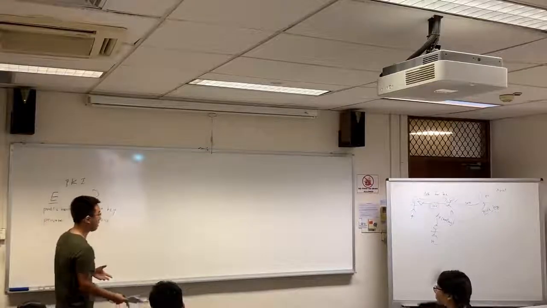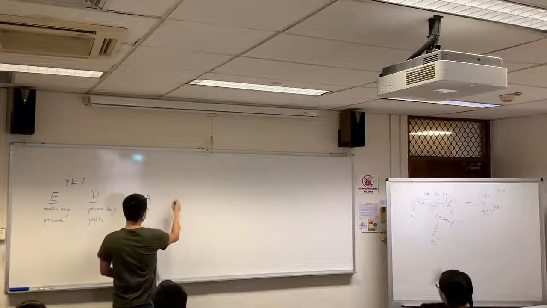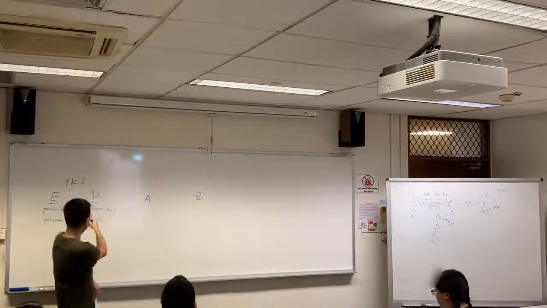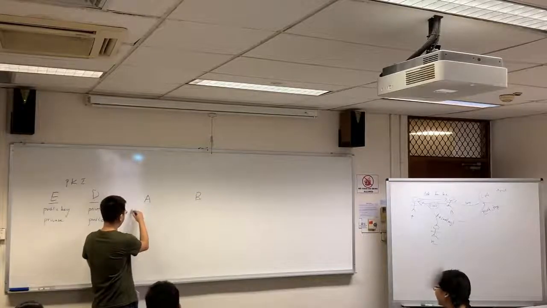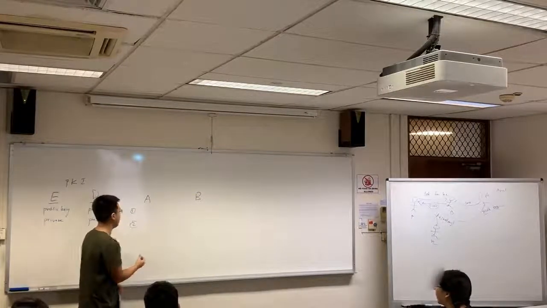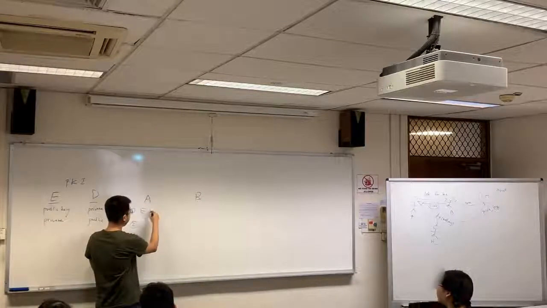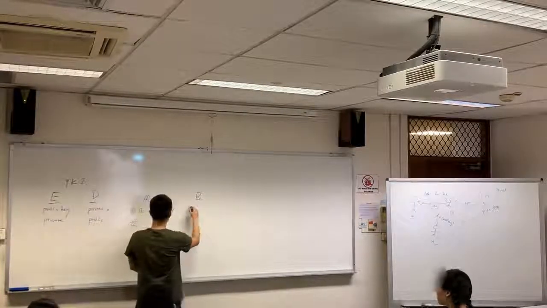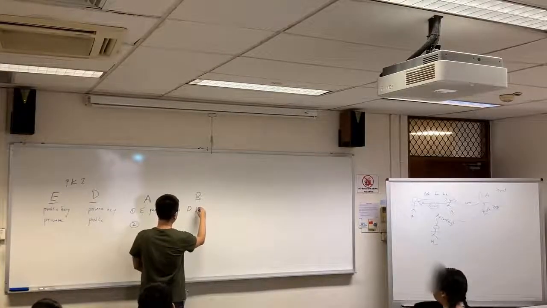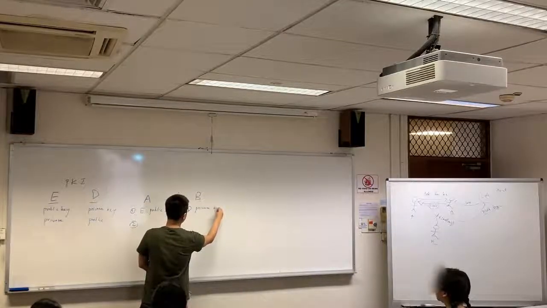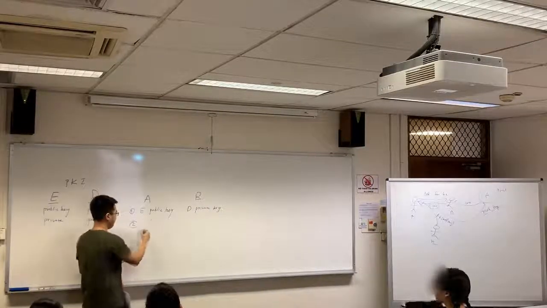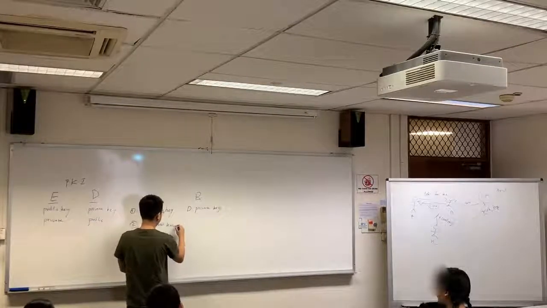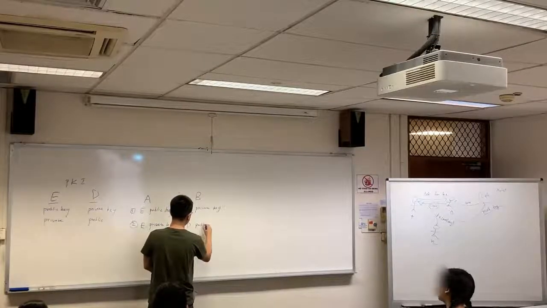Okay, so how do we use it? Consider the scenario that Bob and Alice want to communicate with each other, as we have discussed here. There are two scenarios. The first is that Alice uses a public key to do the encryption, and Bob uses a private key to do the decryption. Besides, there is another scenario: Alice uses a private key to do the encryption, and Bob uses a public key.